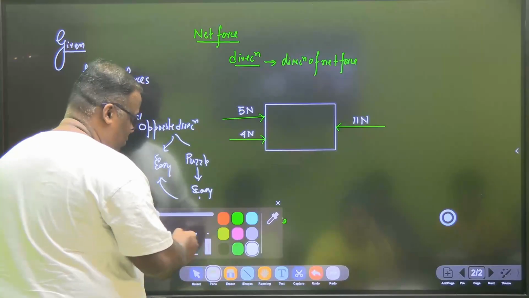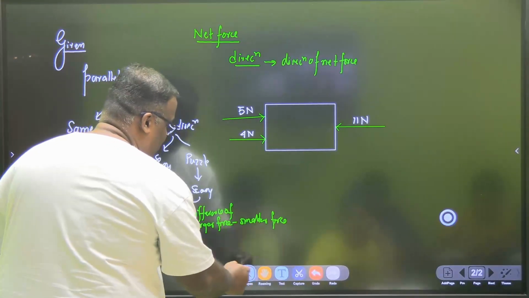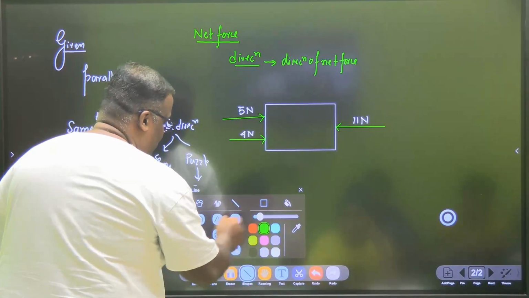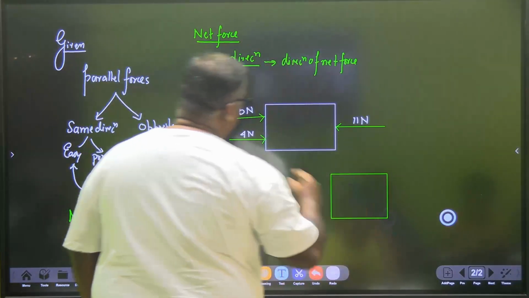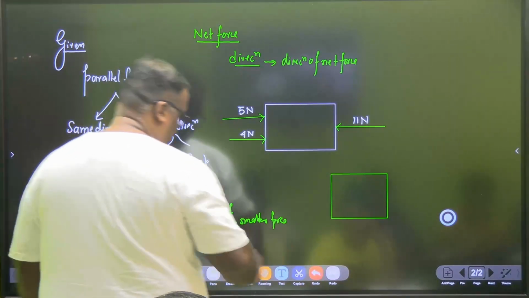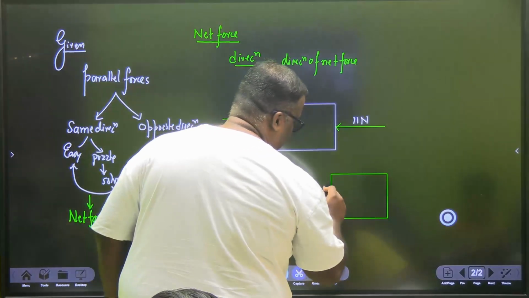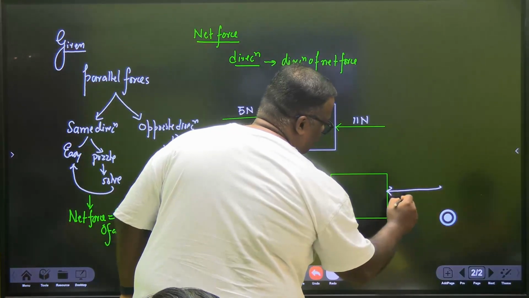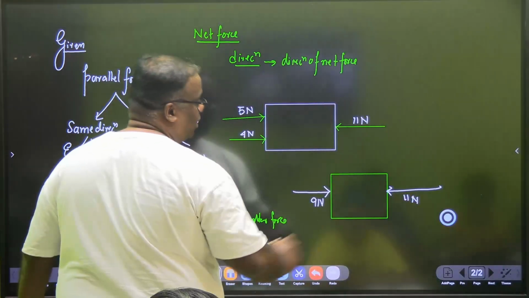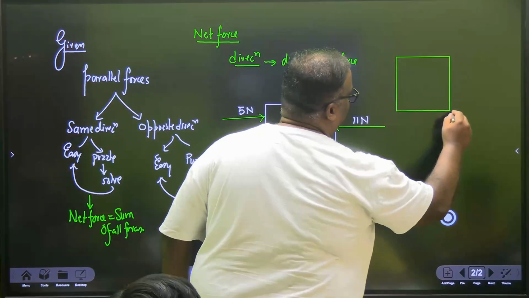So it's a combined diagram. If I try to break this up and make some more combined diagrams, so that if they come as competency based questions, you should be able to understand. So you combine these two forces. If I combine these two forces, I get 9 Newton. And the fight is with 11 Newton. Can I combine it further? Yes, you can combine it further also.